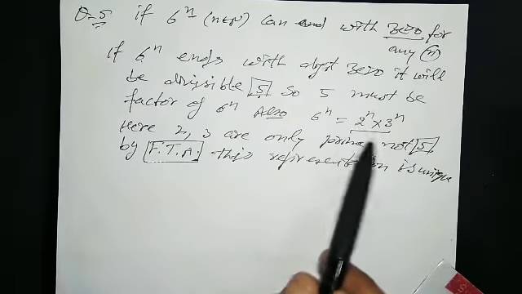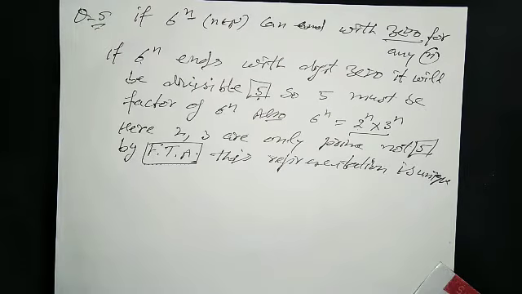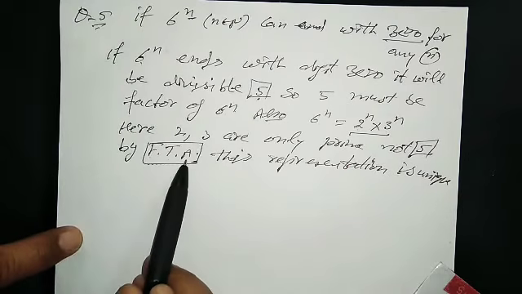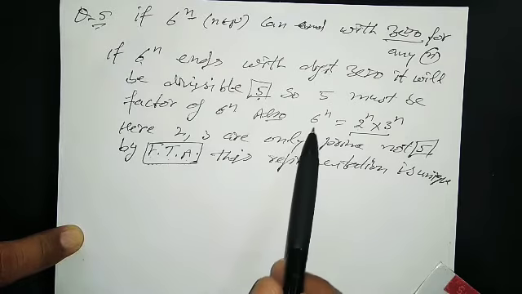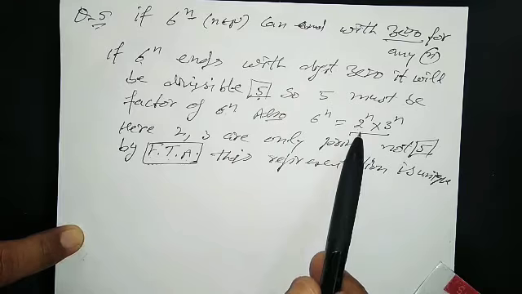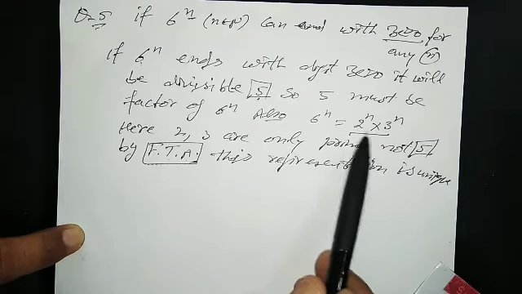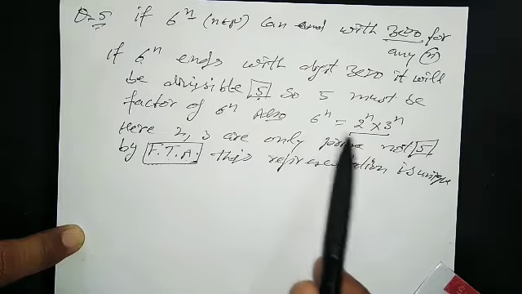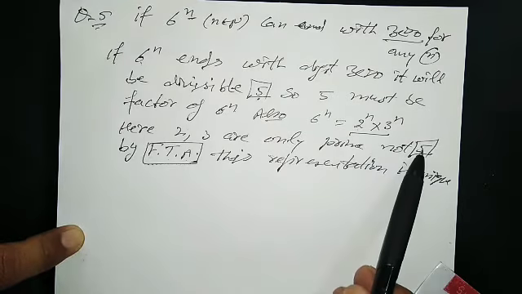So there is no other representation. You might say another representation may contain 5, but that is not possible, because the fundamental theorem of arithmetic clearly says that any composite number can be represented as a product of prime factors only. 5 is prime, and the prime factors of this number are just 2 and 3, not 5.